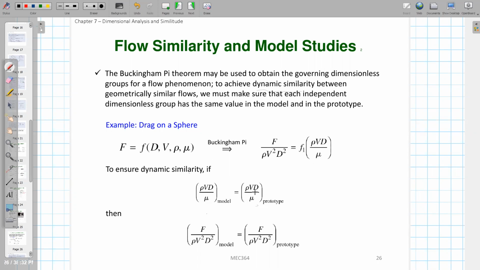So if you can guarantee these two, and from this dimensional analysis we know that this dimensionless drag force is only a function of the Reynolds number, then we can guarantee that the dimensionless force working on this model condition is the same as the dimensionless force working on the prototype condition.